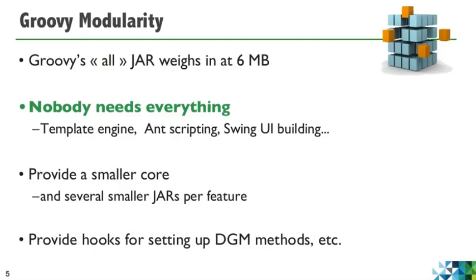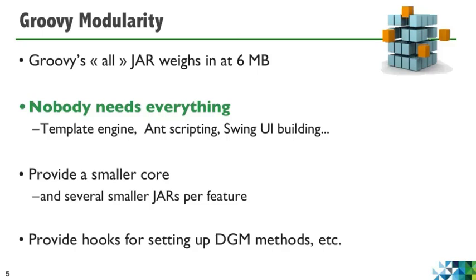For example, you've got a template engine built in, you've got some classes for scripting and tasks, etc. And we thought that not everybody needs everything at all times. So the idea was to be able to pick up just the parts of Groovy you're interested in. For example, if you want the template engine, you'll take the template engine jar plus the Groovy core jar. And similarly with all the other modules.